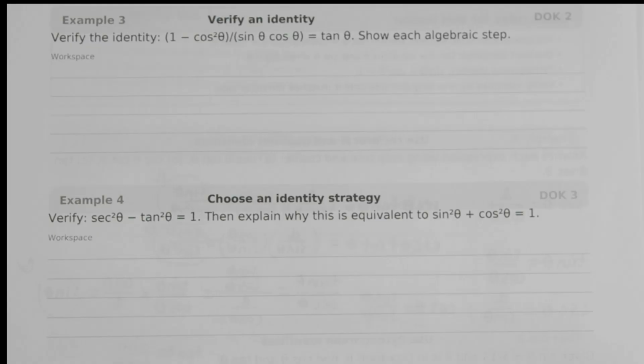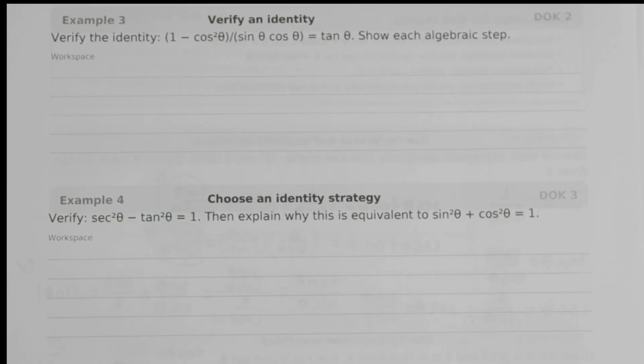Okay, so again, let's see. When verifying an identity, don't move terms back and forth like it's an equation, right? Like don't just say, all right, well, I'm gonna extract this and then just move some terms over and see what I can do with it. Instead, start with one side and rewrite it until it becomes the other side.